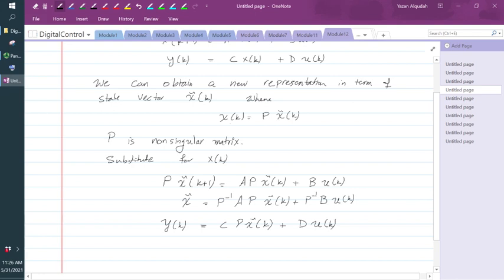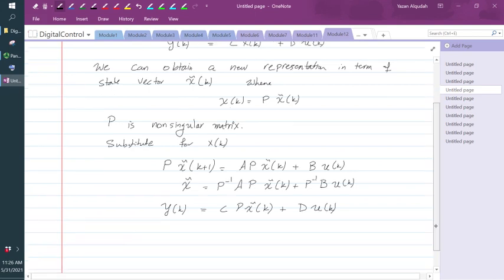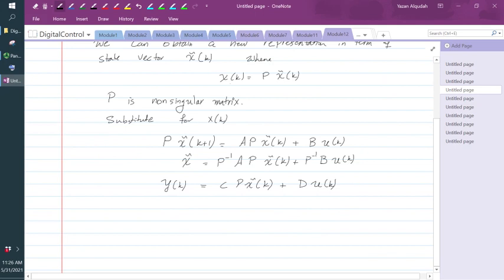Now if I look at these two equations, I can see that I got a new state space representation.